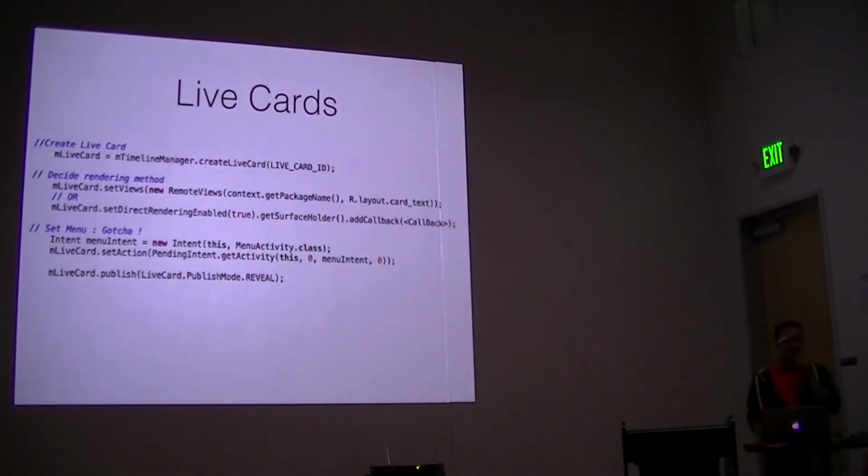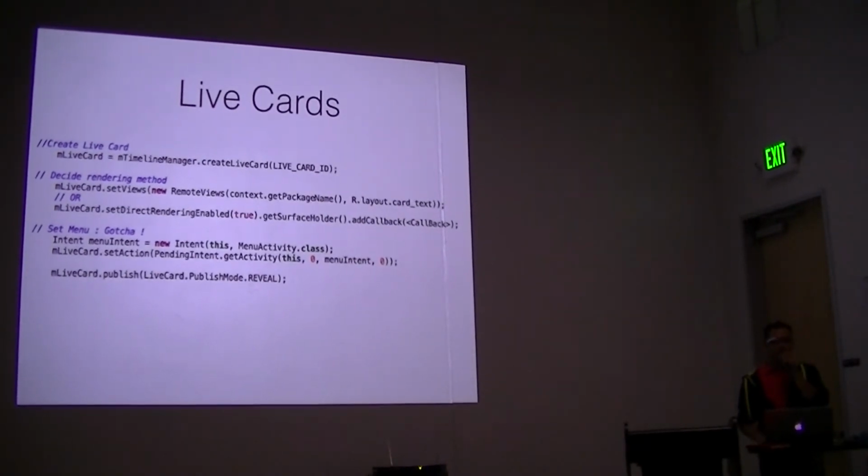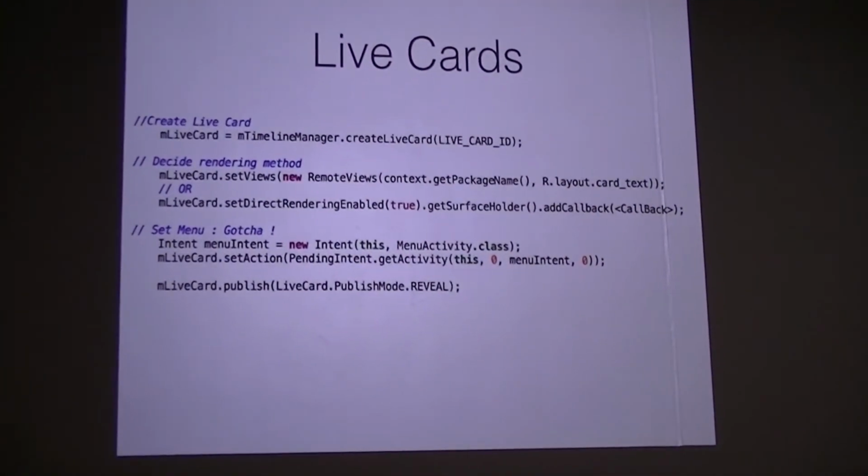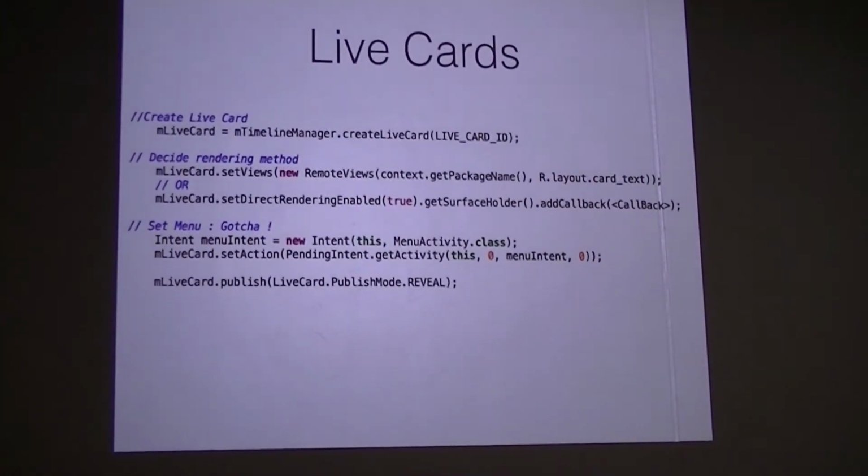So, live cards. How many of you are GDK developers or Android developers for that matter? Live cards are one of the ways you put information in the timeline of the glass. Usually there's a timeline manager class that comes with the GDK, and you create a live card using that.